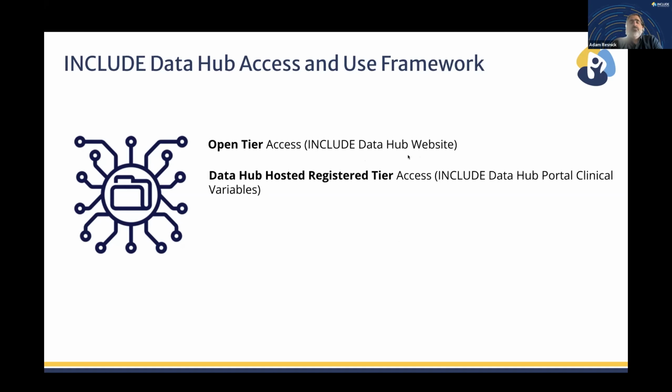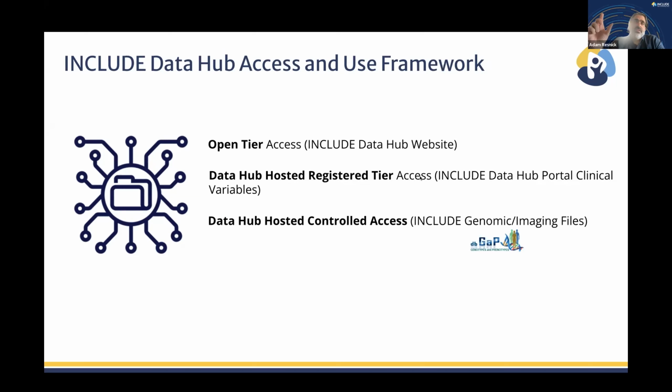Within the Data Hub itself, once a user logs on, and you'll see a demo for that, you enter what's called a registered tier framework, where users essentially have had to register as users of the portal. And that does two things. One, it fulfills requirements by NIH and data stewards themselves, as well as provides you a way to have a saved state, meaning, and you'll see that in the portal, your own personalized environment with the information about the queries and workflows and your engagement of the Data Hub as a saved state for you as a user.